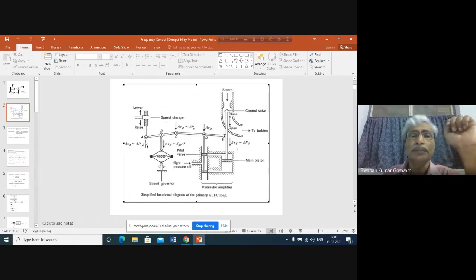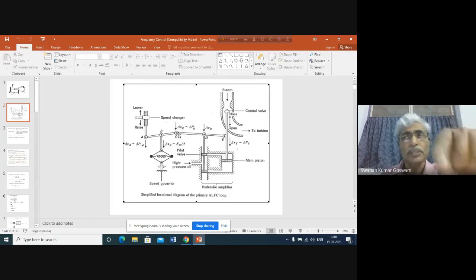Similarly, we have seen earlier that if A is fixed and the speed increases, B moves down, and C also moves down. That means a positive movement of B creates a positive movement of C. So a positive movement of A creates a negative movement of C, and a positive movement of B creates a positive movement of C.